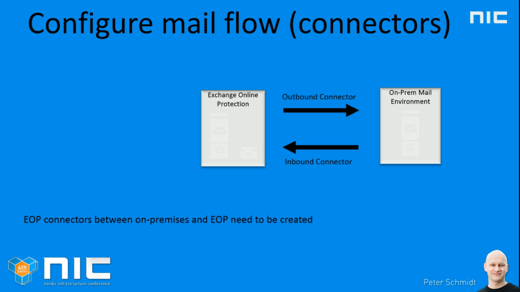We have an inbound connector and we have an outbound connector. The inbound connector is the one that we use when we get mail from the on-prem environment. And the outbound connector in EOP is the one that delivers mail from EOP to our on-prem environment.